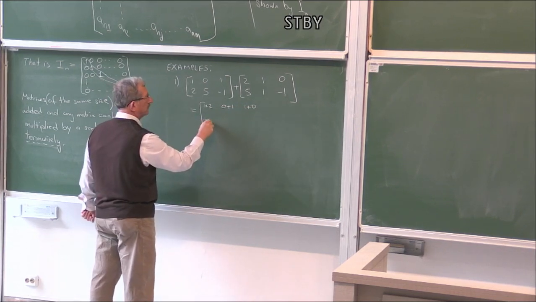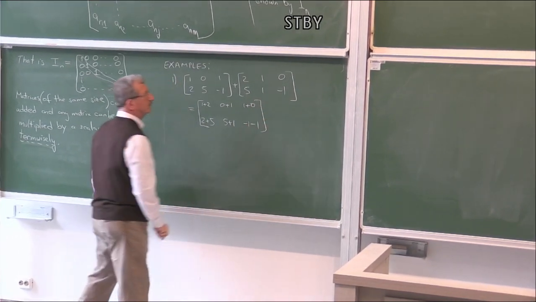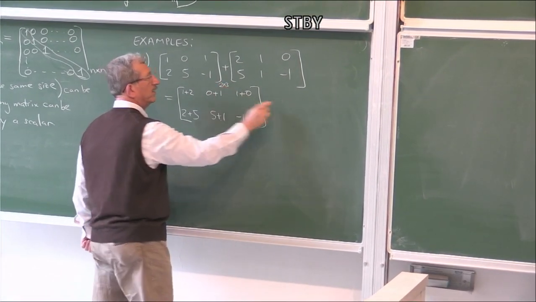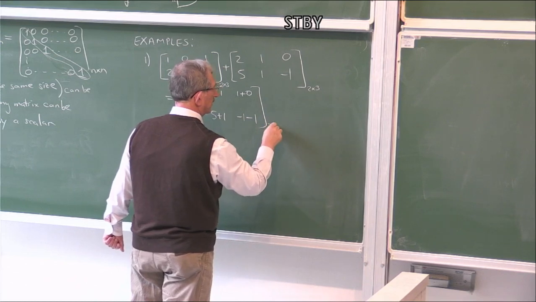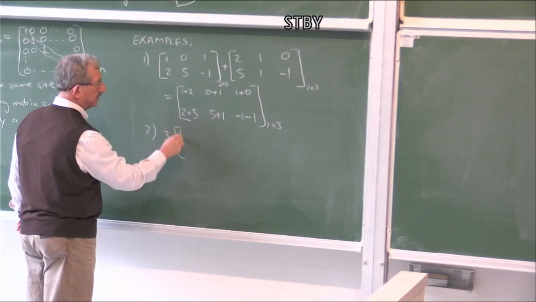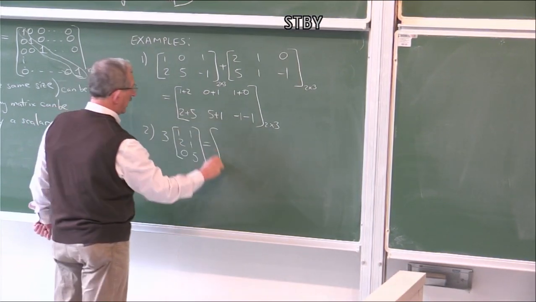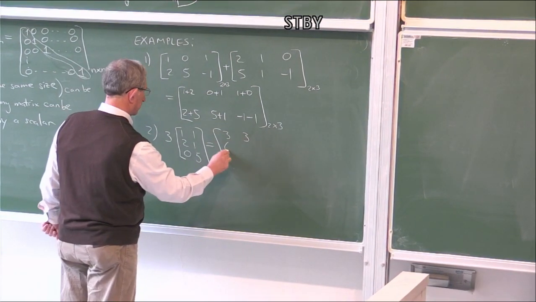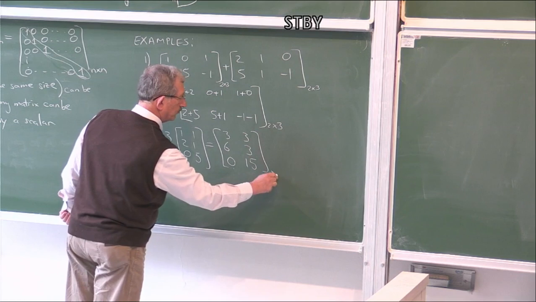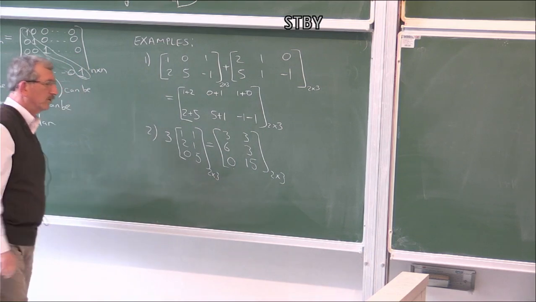So this is 2 plus 5, 5 plus 1, and minus 1, minus 1. The sizes are all 2 by 3, 2 by 3. And I can multiply a matrix, say 1, 1, 2, 1, 0, 5, by 3 directly as 3, 3, 6, 3, and 0, 15. 2 by 3, 2 by 3. So this is a direct calculation of this sort.